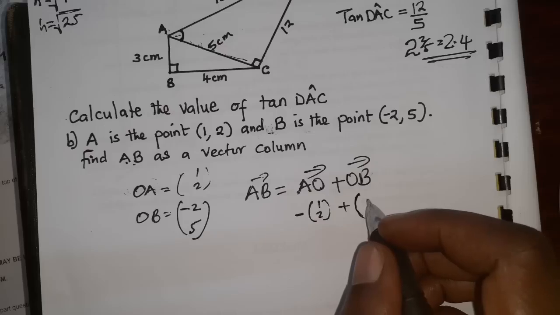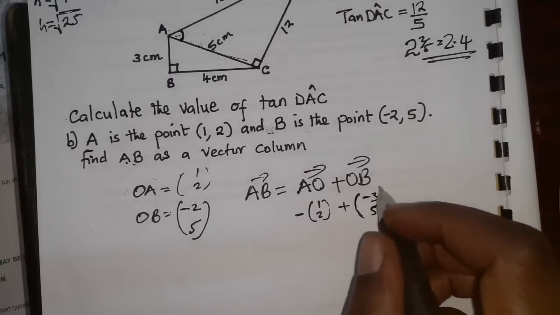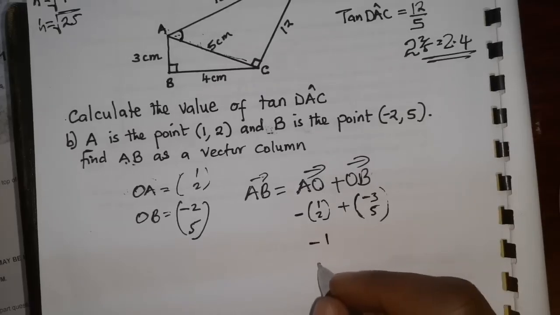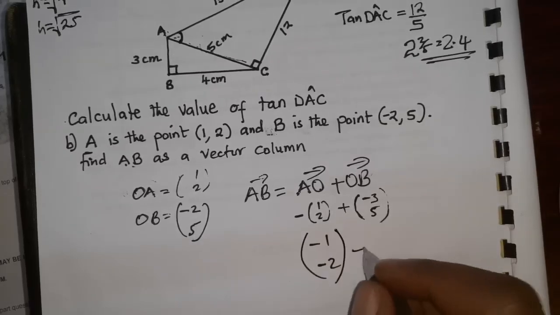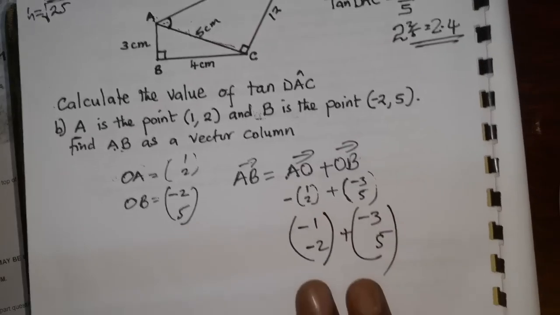That is what we are saying here. So this is the same as -1, -2, then -3, 5.